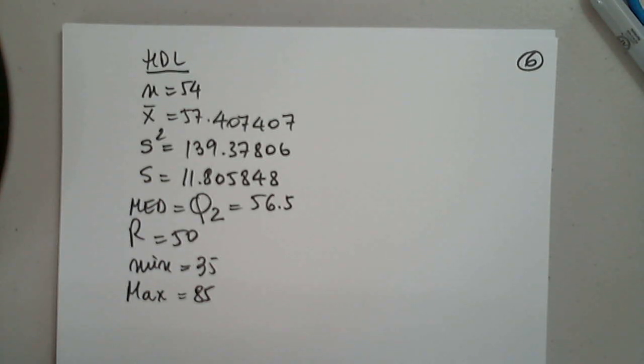Good. And the title. The title is HDL and 54 females. Good. Is there anything else? No, just compute. Okay, here it is.